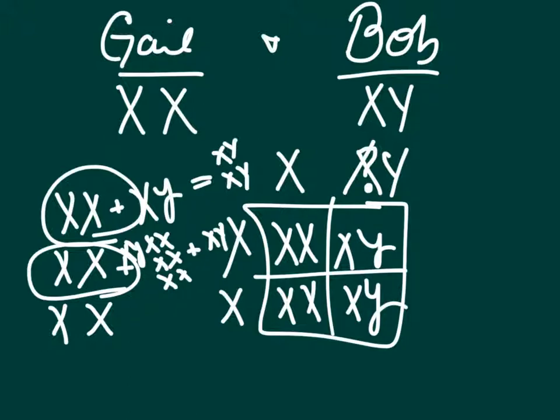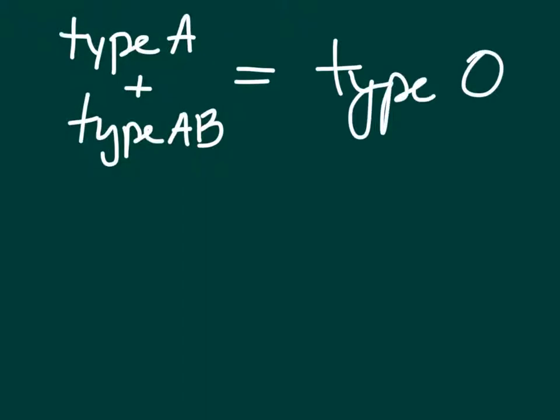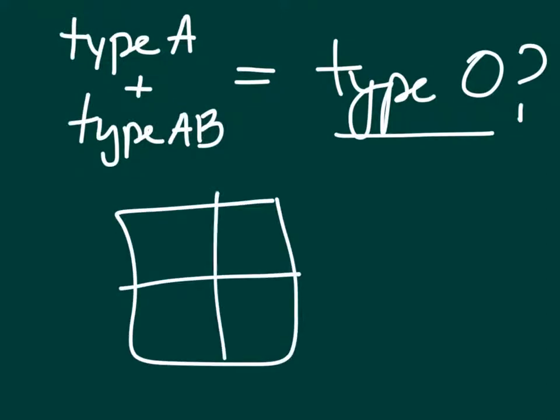That whole blood type thing. Is it possible for these two parents to make a type O child? Prove it with a Punnett square. Support your argument now. Let's look at the one parent that we know for a fact what both of their alleles are.